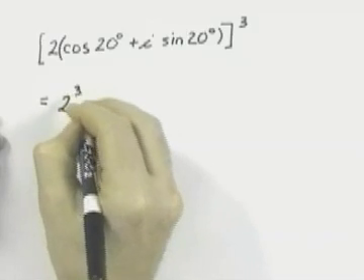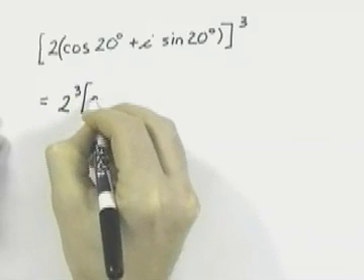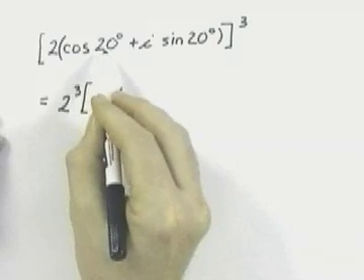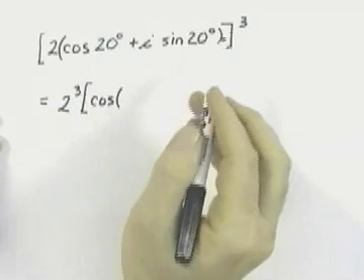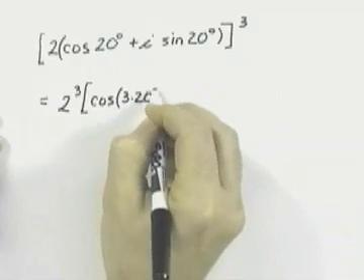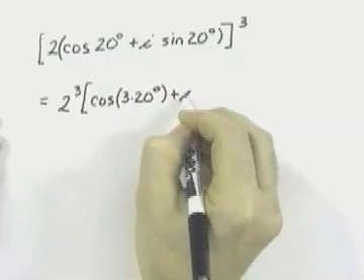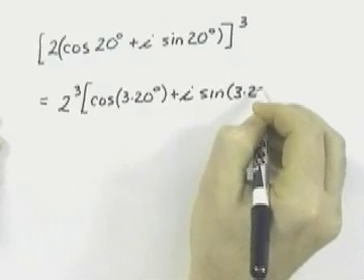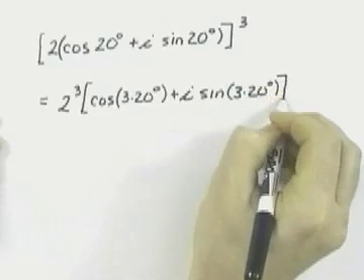So we get 2 cubed. Then I take the arguments of each of the trig functions and multiply them by the exponent. So that's going to be 3 times 20 degrees plus i times the sine of 3 times 20 degrees.